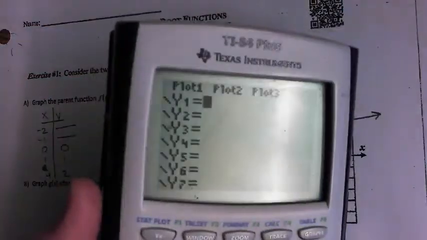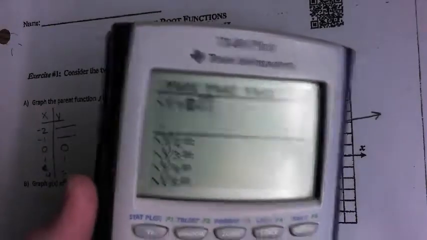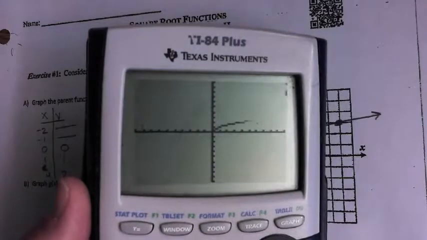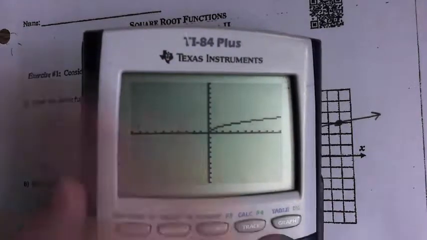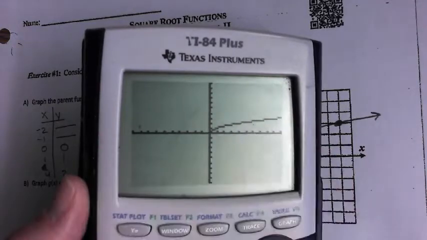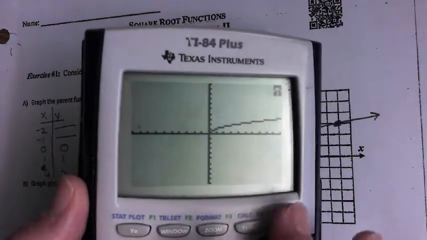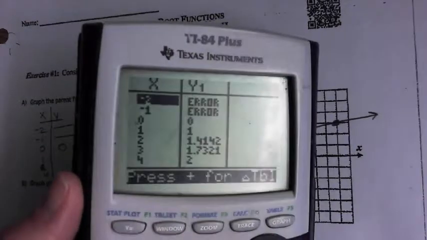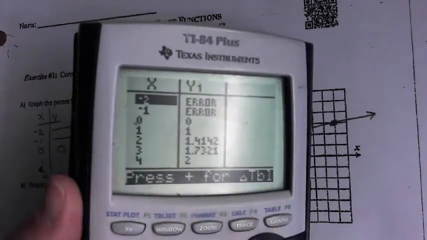And again, like I said, if you ever forget any graph, square root of x, for example, plug it into your calculator, graph it, you can see it. You can see how even on the calculator it comes to a hard point and then continues infinitely to the right. And then you can look at your table and you can see what happens on your table. Negative 2 gives you an error, negative 1 gives you an error, and so on and so forth.